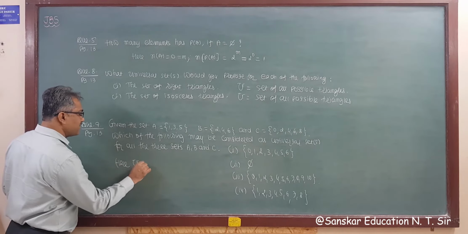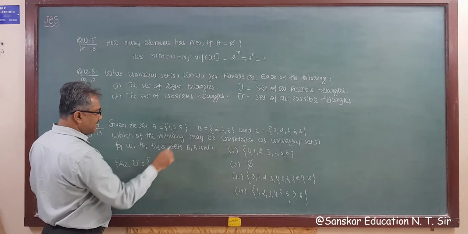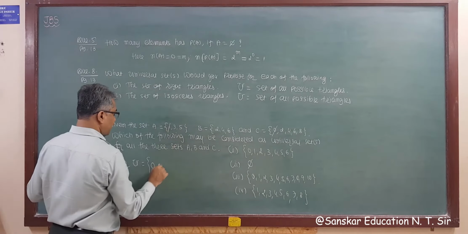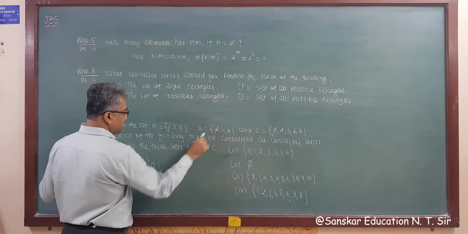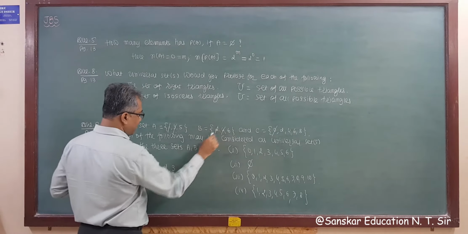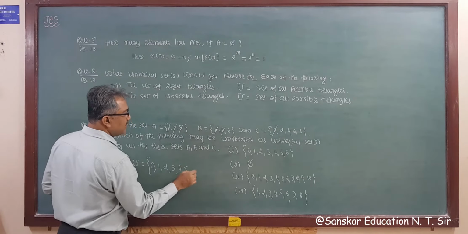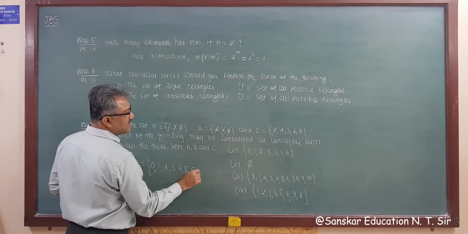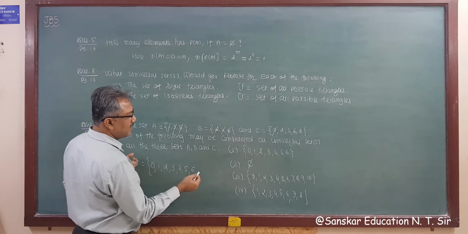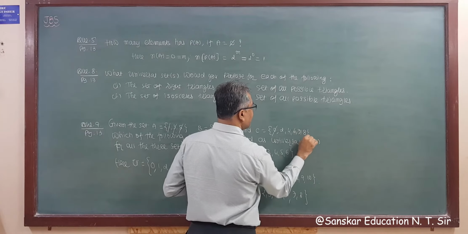U, that is the universal set, is equal to, starting from the first side, 0, so I am taking 0, then 1, then 2 is there, 3 is there, then 4 is there, 5 is here, 6 is here, 7, we need 7 here, so 7 and 8, right?